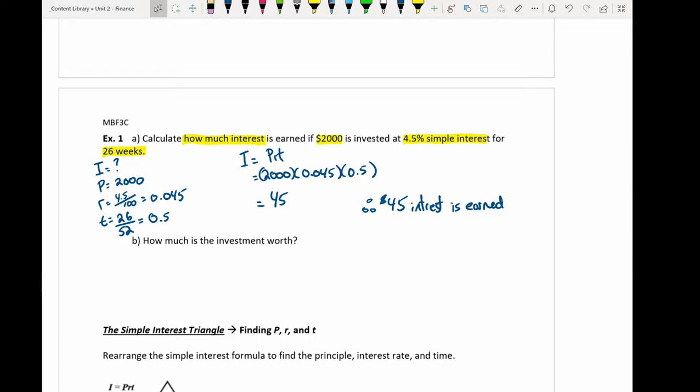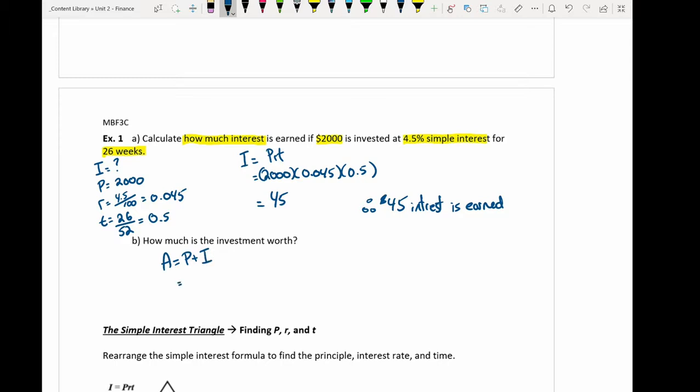Part B asks, how much is the investment worth? So this goes back to that second formula, that little small one. If I want to figure out how much the investment is worth, that's basically looking for the total amount. Remember, the total amount is equal to the principal, or what you start with, plus the interest that you earn.